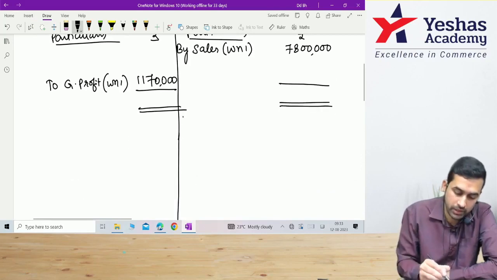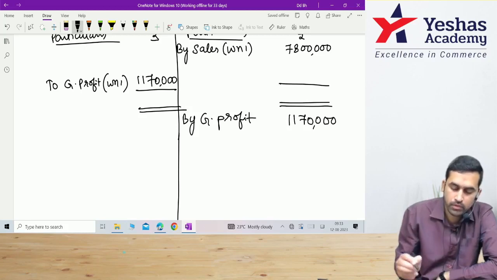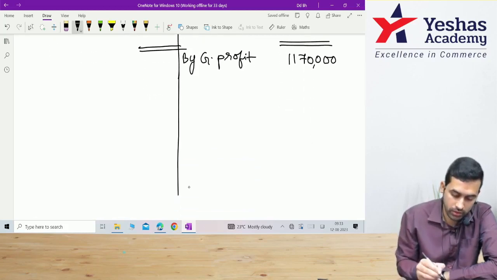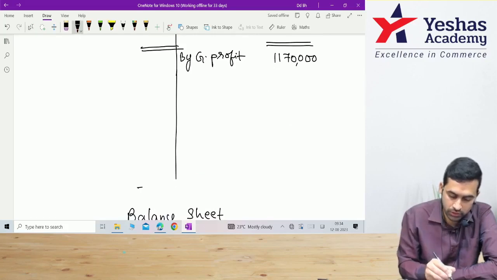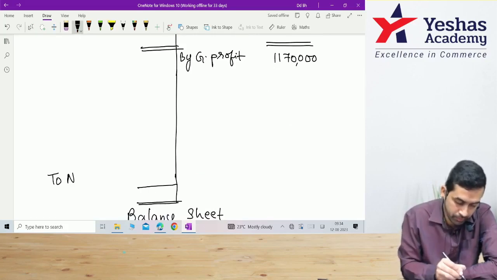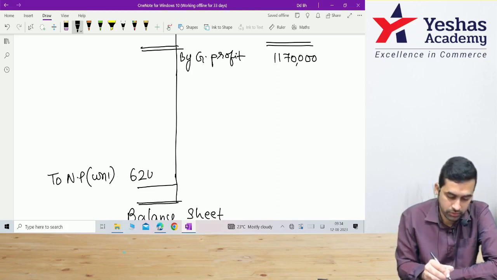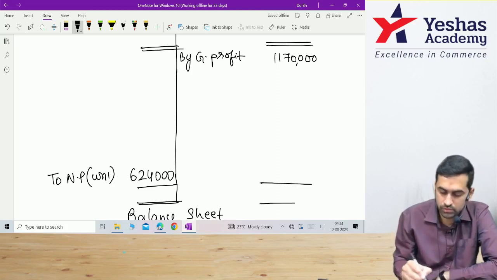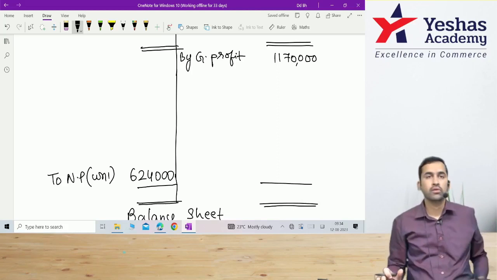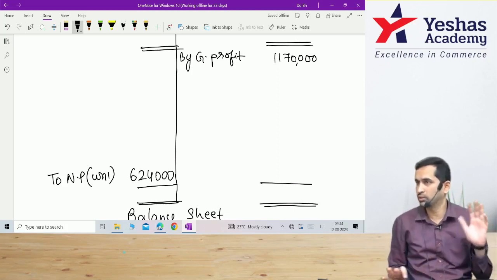This GP will come here, and we have also worked out NP number, same working note 1, 6,24,000. Now, don't do totaling and balancing now. We may have some more items. We'll do that at the end.